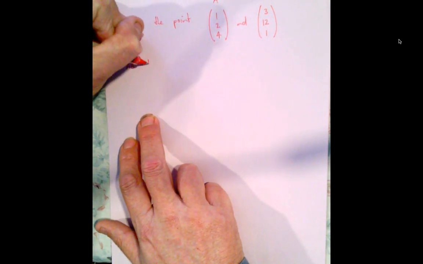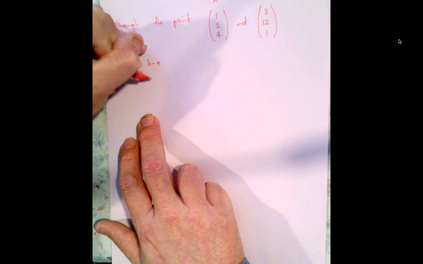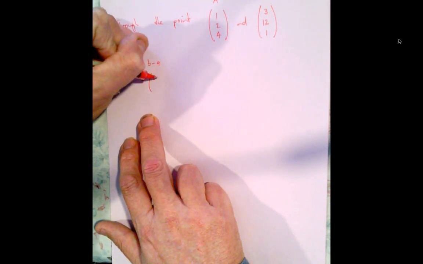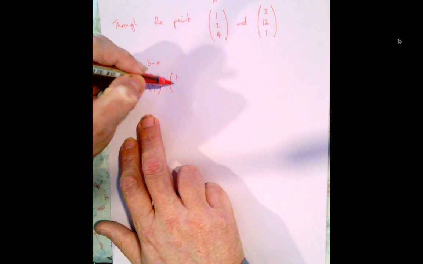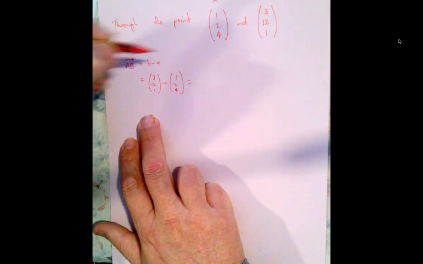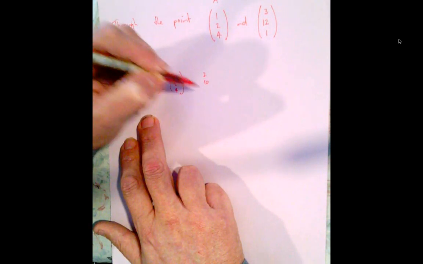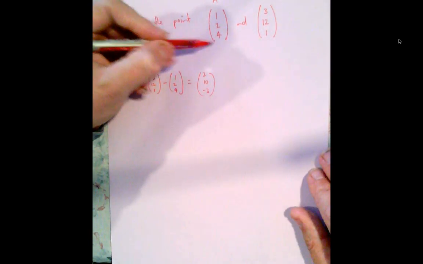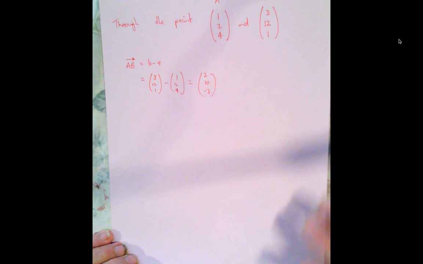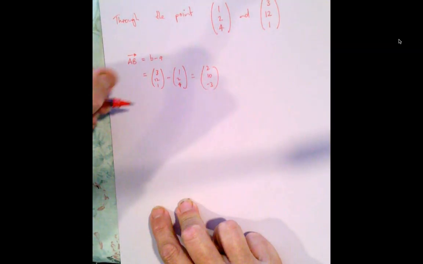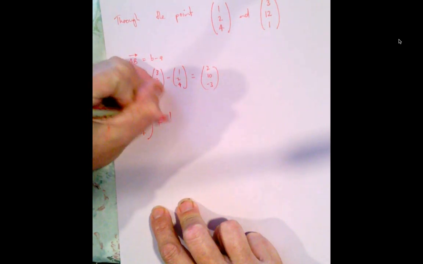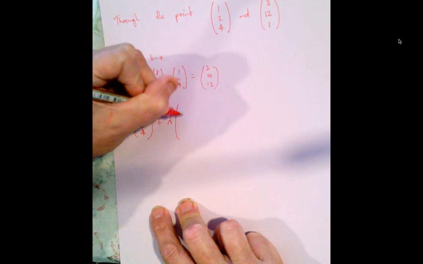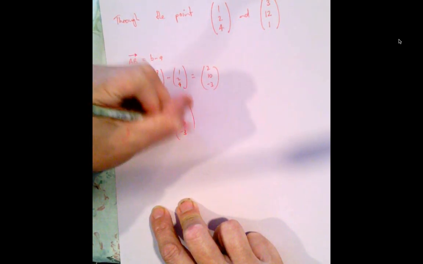That's going to equal B minus A, which is (3, 12, 1) minus (1, 2, 4), which is going to give us (2, 10, minus 3). So that's the direction we're taking. And we know that it starts at the point A, which is (1, 2, 4). So we're looking at (1, 2, 4) plus some lambda (2, 10, minus 3).